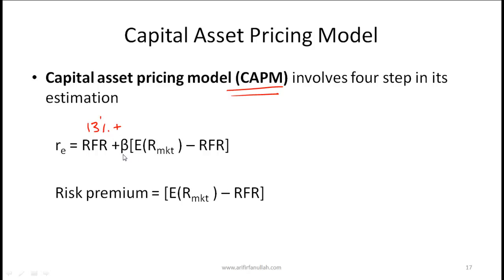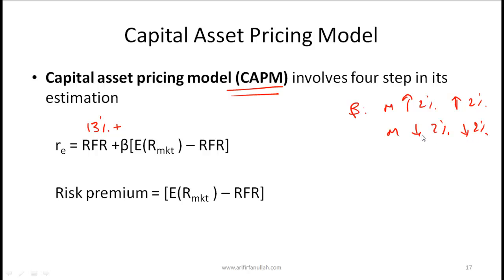This beta represents the riskiness of common equity, and we'll talk about this in a little more detail later, but the basic idea is this: beta is a measure of how a given stock moves with the market. So for example, if the market is going up by 2%, and let's say that this common equity then also generally goes up by 2%, and if the market is down by 2%, then the stock generally also goes down by 2%.